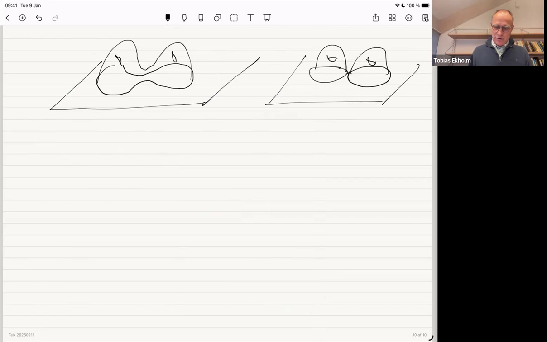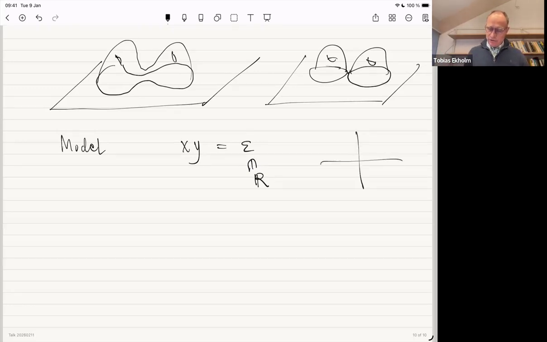So now the model again is xy equals epsilon, but this time epsilon is a real number, because the boundary here is supposed to be in maybe R2. And so you take half of this curve, this is our favorite high school thing. So we have this curve, and it's converging to these two lines. So this now has codimension 1 and cannot be avoided.